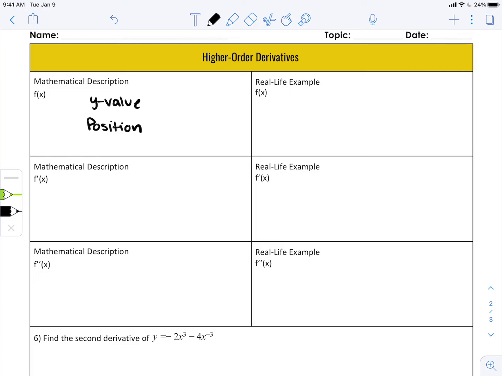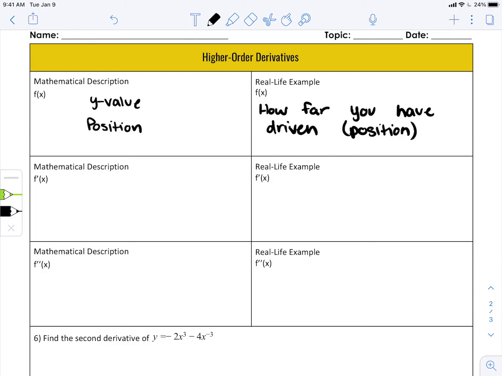If our function were to model how much your distance has changed over time, f of x would be how far you have driven, which is also another way of saying your position. How far did you go? How much did your position change?